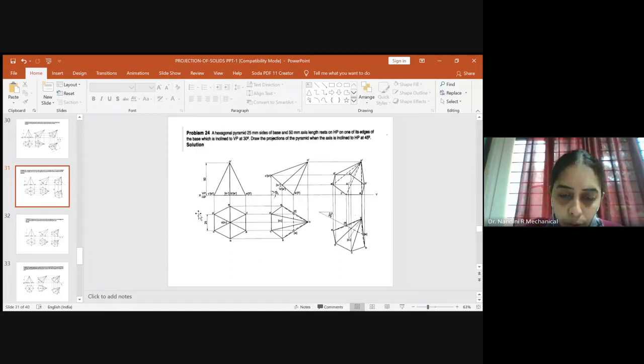So you now know you have to start with our top view, right? So the top view will be a regular hexagon which is resting on one of its edge. So how do you construct a hexagon? We have done even that in our construction work, but still you can just draw a horizontal reference line. Okay, or then you just take here the side, or you take 45 degree here and 45 degree here.